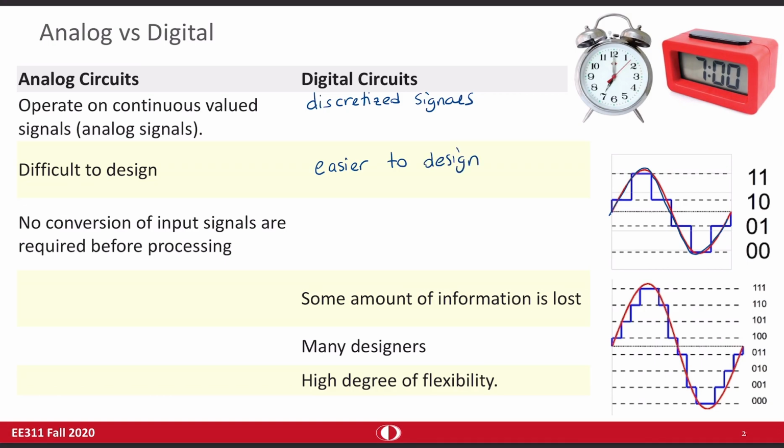For the analog circuits, since the real world is analog, you don't need any conversion. You just take the signal, process it, and give it to the output as an analog signal. So you don't need conversion. But for the digital circuits, first you have to convert that signal coming from the real world or analog world to digital, process it, and then give it back to the analog domain by converting it to analog signals.